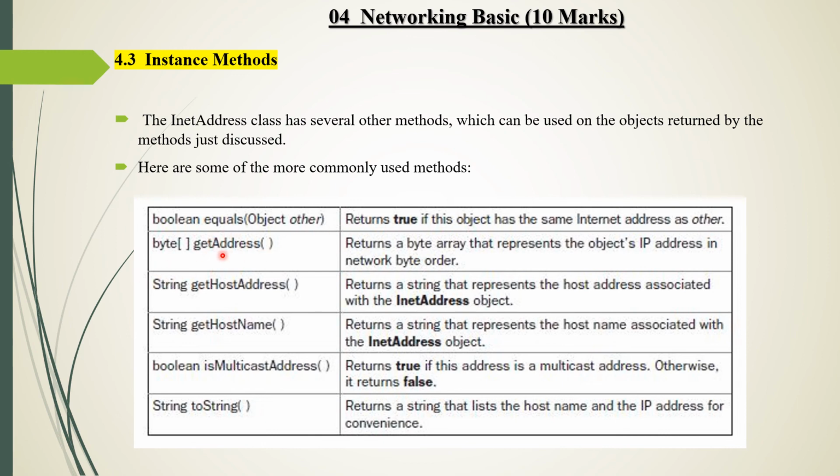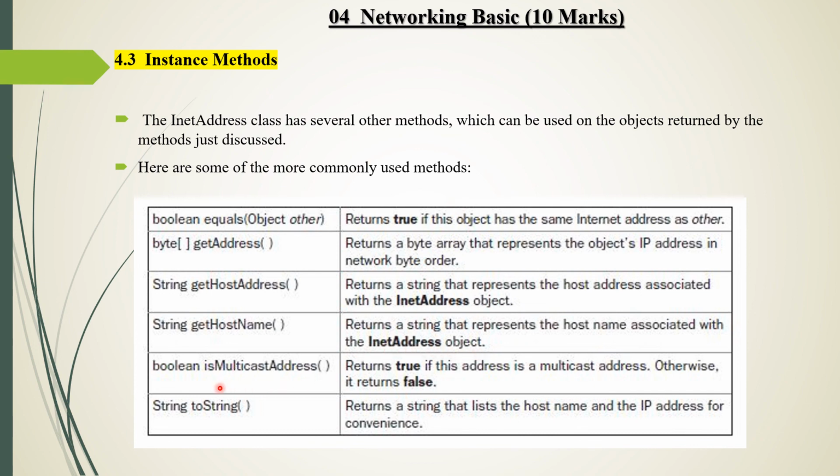Next method is getAddress, which returns a byte array that represents the object's IP address in network byte order. Next method is getHostAddress, which returns a string that represents the host address associated with the InetAddress object. Next method is getHostName, which also returns a string value that represents the host name associated with the InetAddress object.